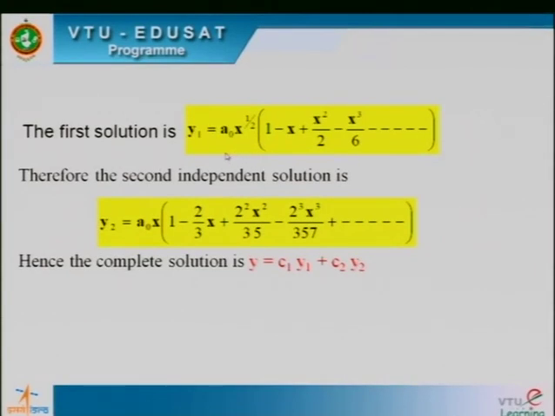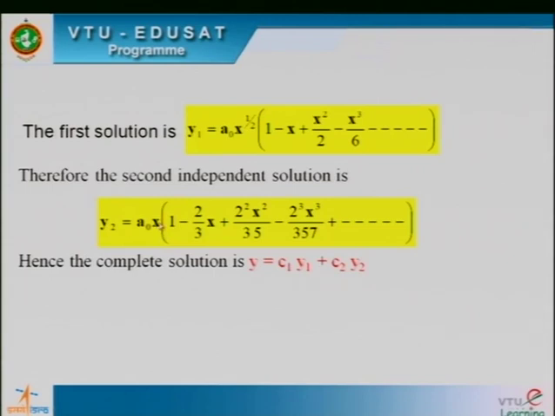Exactly in a similar way we can find the second independent solution. y2 is equal to a0 into x to the power m. In all those cases I want to replace m by 1, so that's why x to the power m means here m is equal to 1.